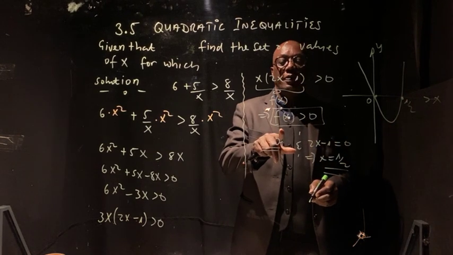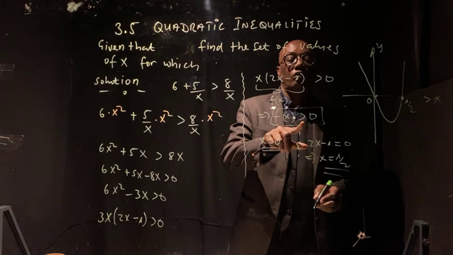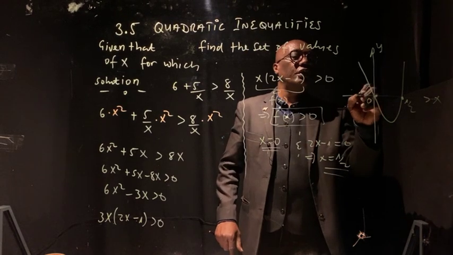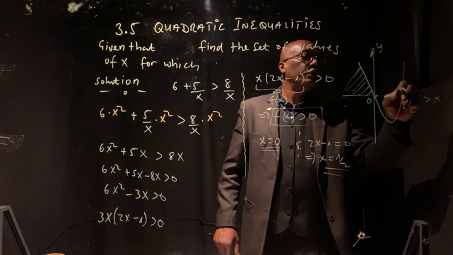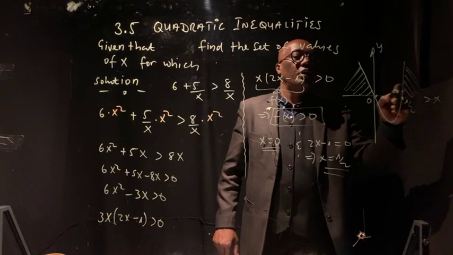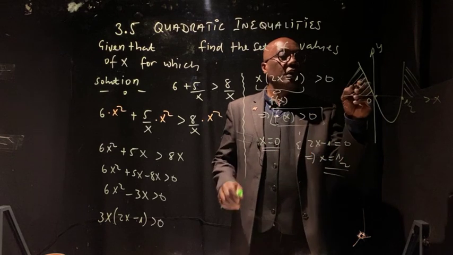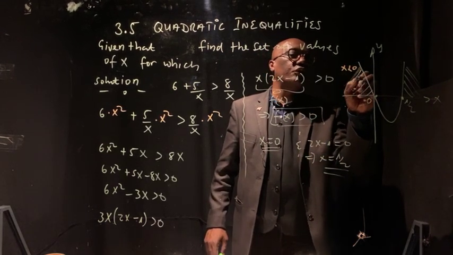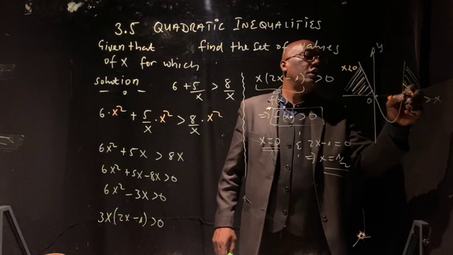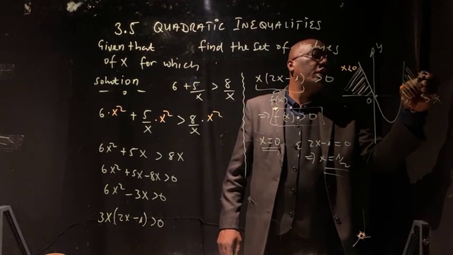But remember, f of x is greater than 0. Then it will be this portion that we are going to look after. On this portion, x is less than 0, and in this portion, x is greater than half.